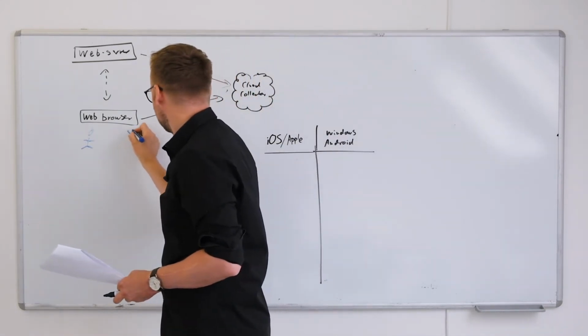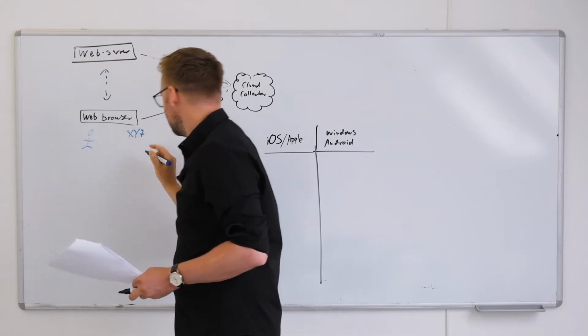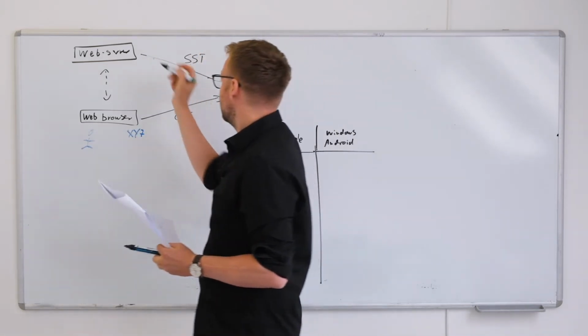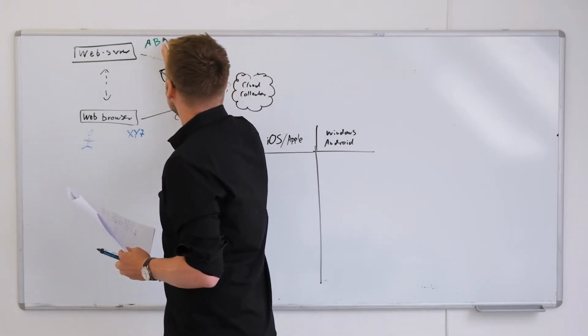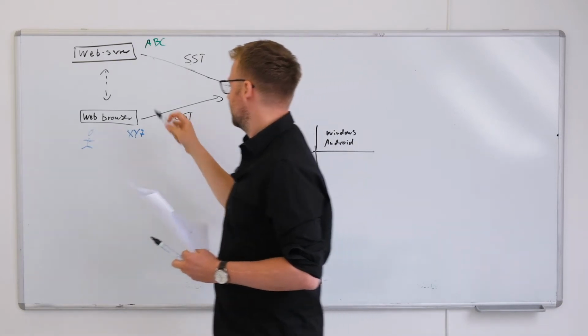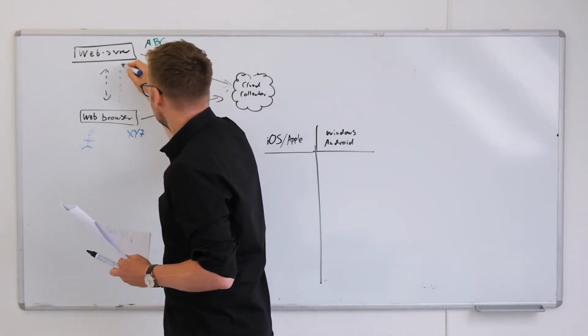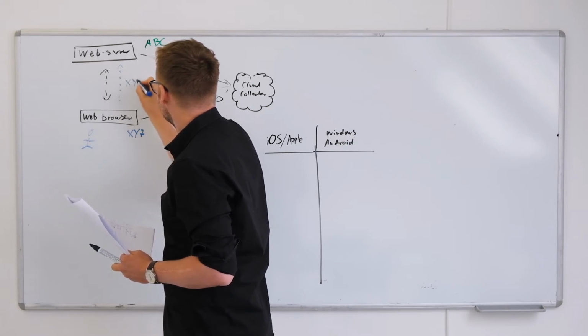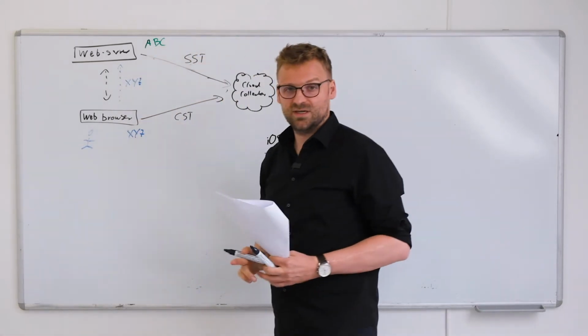Ideally, we have a client-side user ID, so the XYZ, a cookie set. And here we have an ABC, a server-side user ID, and at some point from the second or third page view, we also know on the server side the client-side user ID.